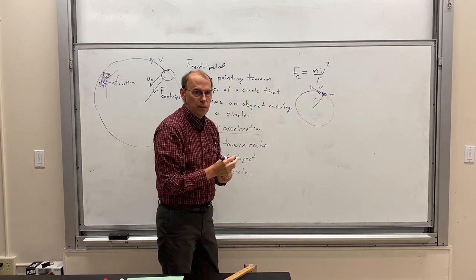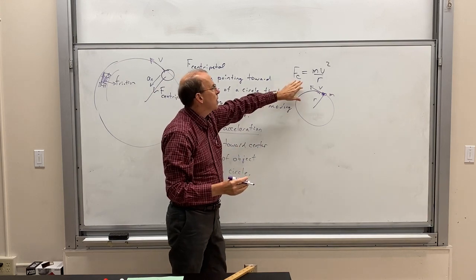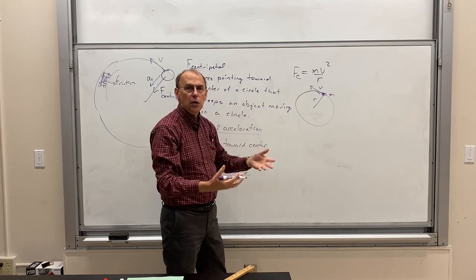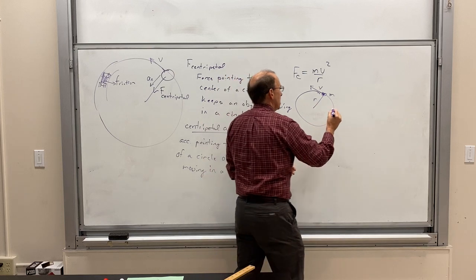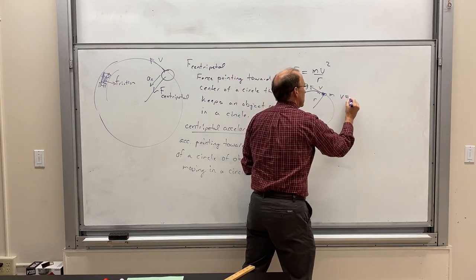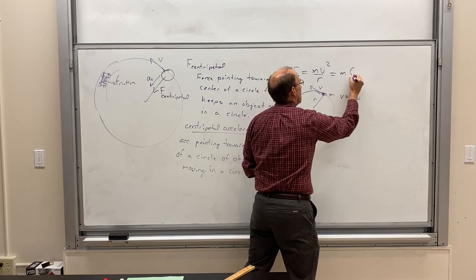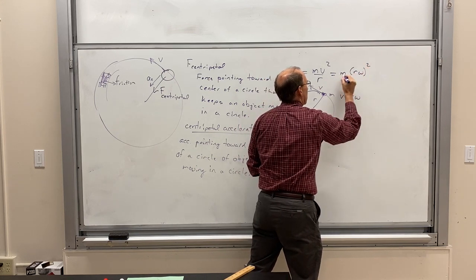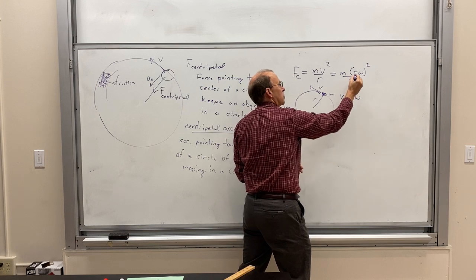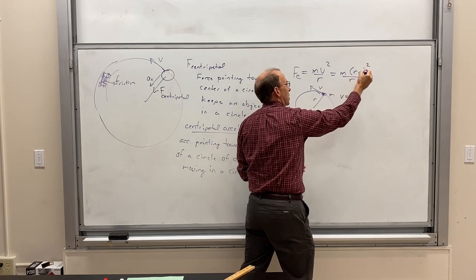Sometimes we may want to express this in terms of our new angular coordinates we've just learned about. So remember that v is r omega, so we could write this as m r omega squared over r. This would be r squared omega squared.